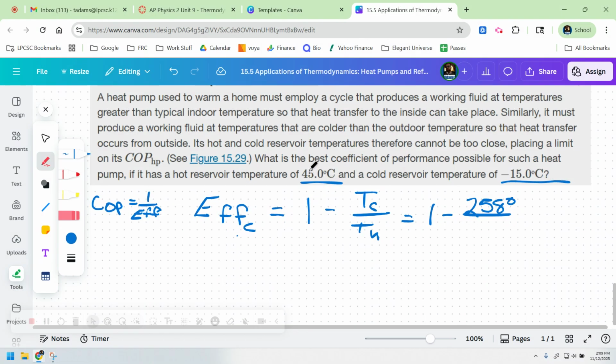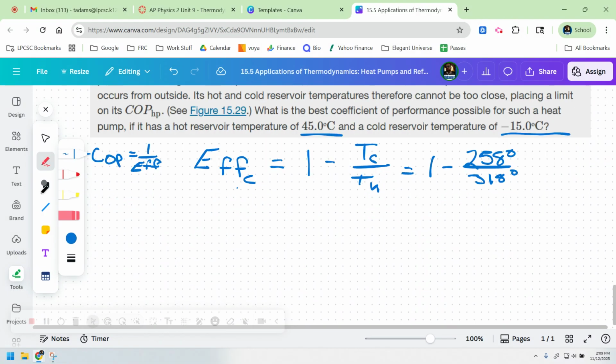And then if you add 273 to 45, you get 318. You guys know what I'm talking about, right? Okay. So then the efficiency of this is about 0.1887. And this is Kelvin.